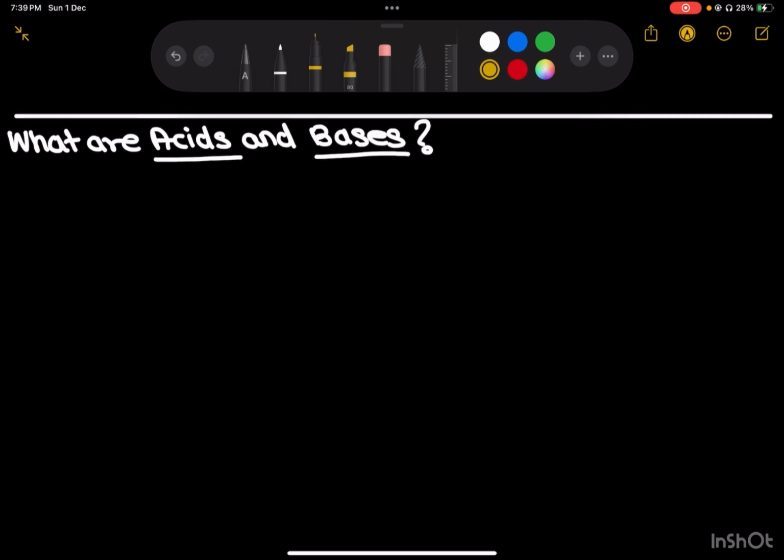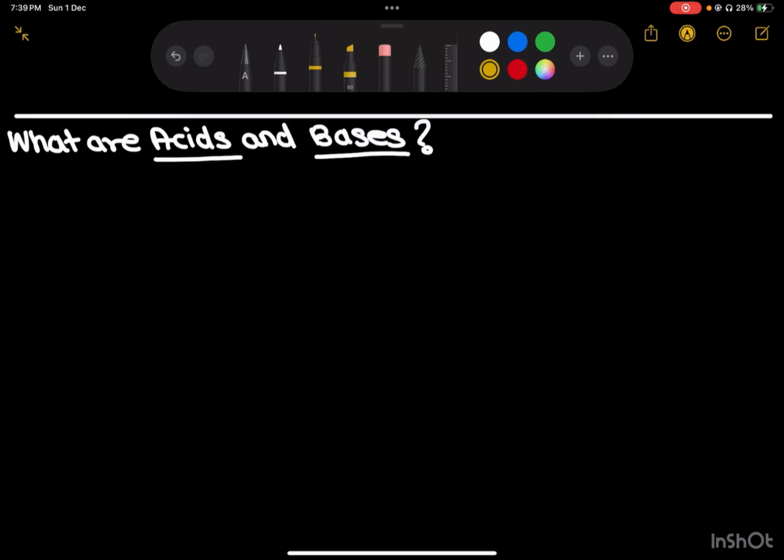So what exactly are acids and what exactly are bases? In short, they are chemical substances, correct? And you have already studied about them in your 8th or 9th standard, so in your previous classes. So this part is just a revision of those classes, you can say, right?